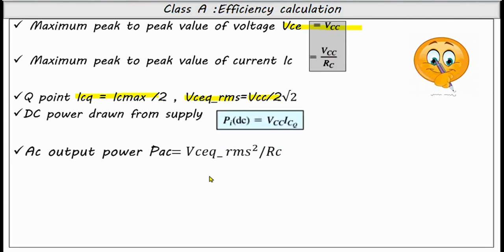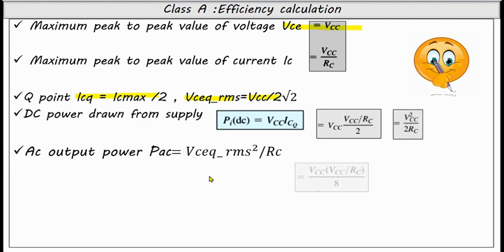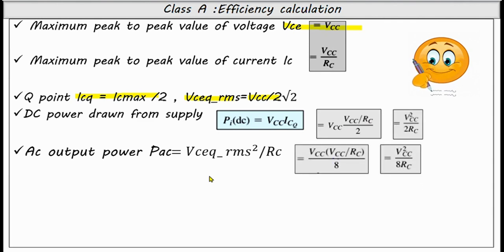Now the DC power drawn from the supply is VCC times ICQ, and the AC power delivered is the RMS value of voltage squared upon RC, which is VCC squared upon 8 RC.